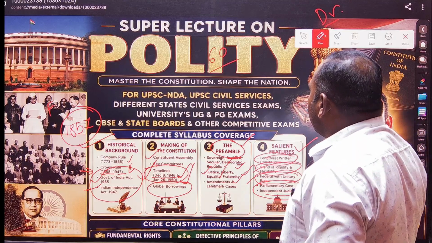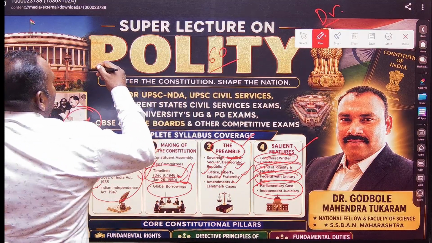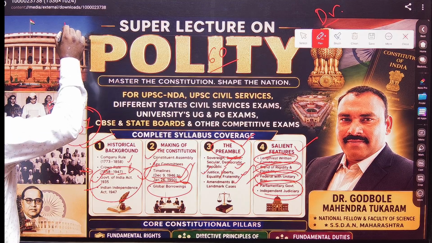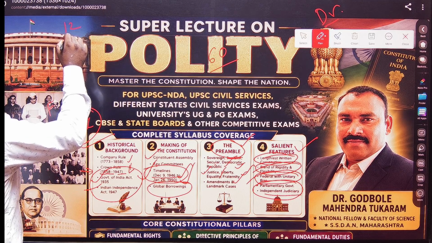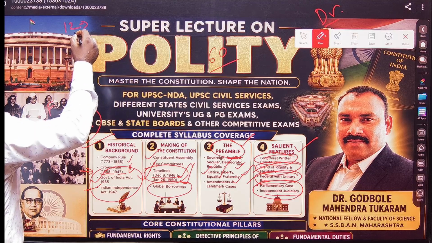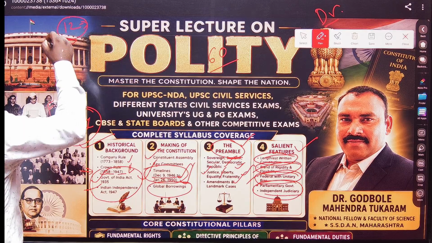While talking about fundamental duties and fundamental rights, the fundamental rights start from Article 12. Article 12 defines what is the state, what is the union, or what is the government. The government offices' detail is given in Article 12.